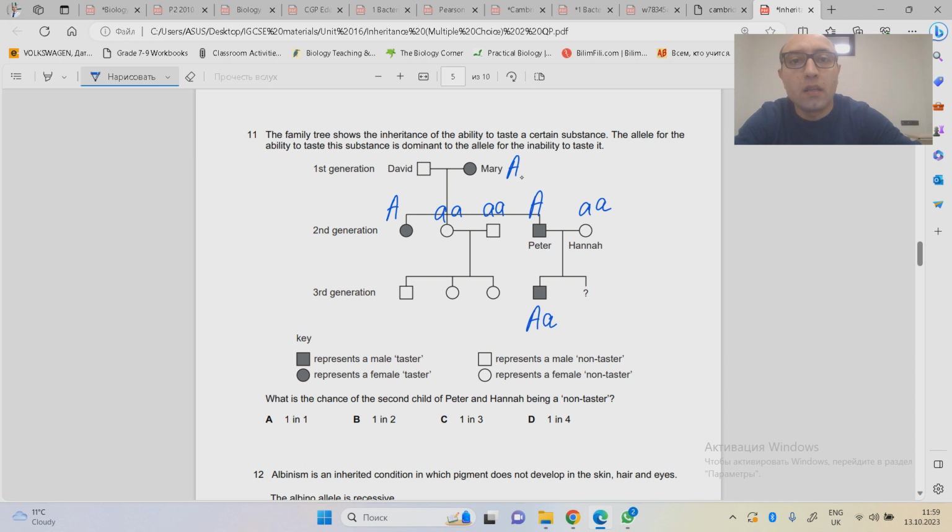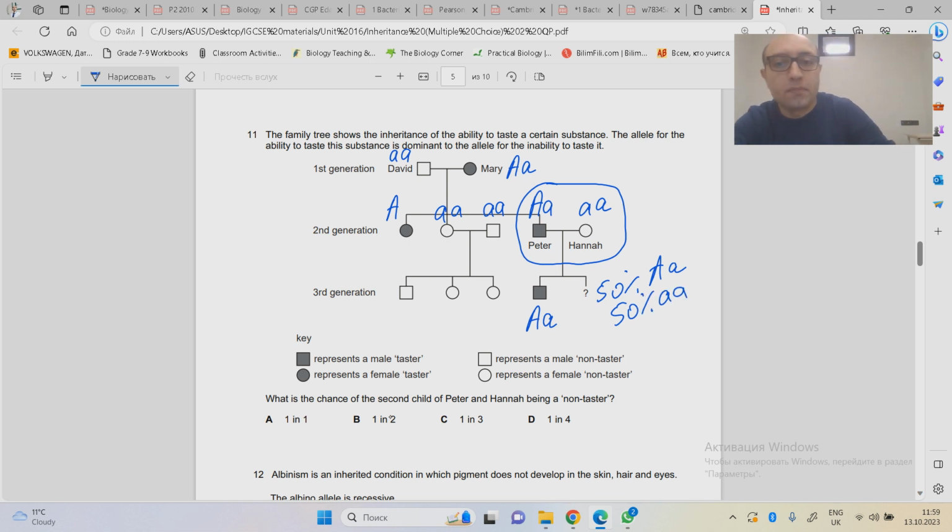So Mary also contains small a, and David will be small a. Let's look at Peter. Peter is also having small a because Peter took one small a from his father, David, and capital A came from Mary, his mother. So now we know the genotypes of the parents. So it is 50% of being taster, 50% non-taster. So it's 50%, 1 in 2.